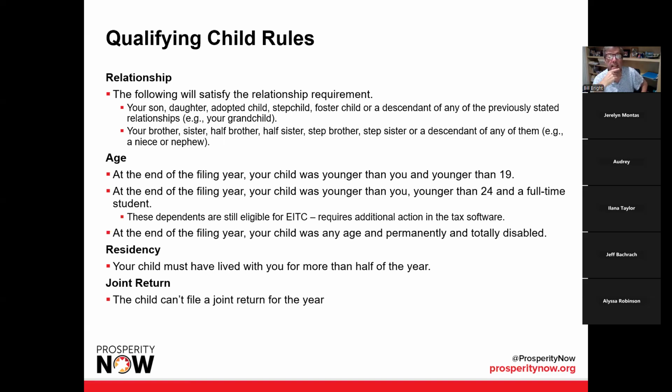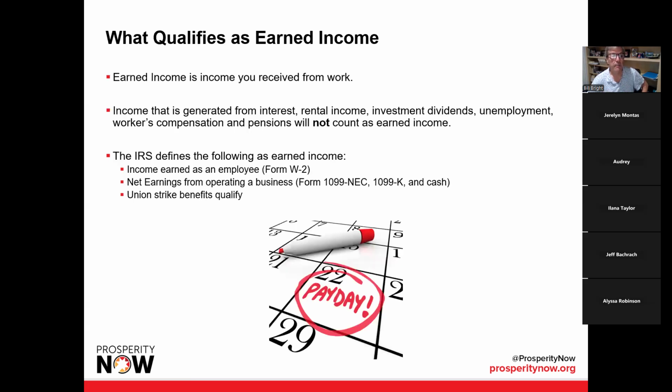At the end of the year, your child must be younger than you and younger than 19, or younger than you, younger than 24 and a full-time student, or permanently and totally disabled. We see a fair amount of those. The child must have lived with you for more than half the year, and the child can't file a joint return for the current tax year.